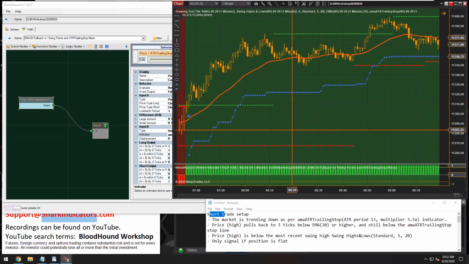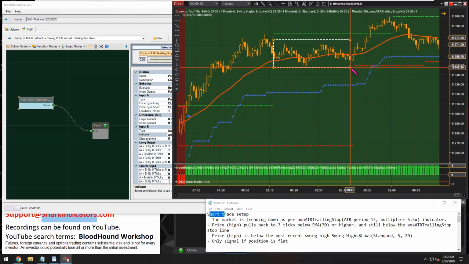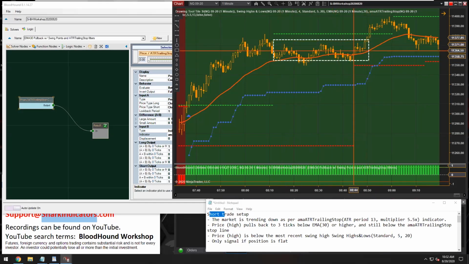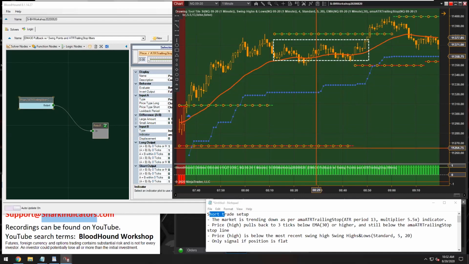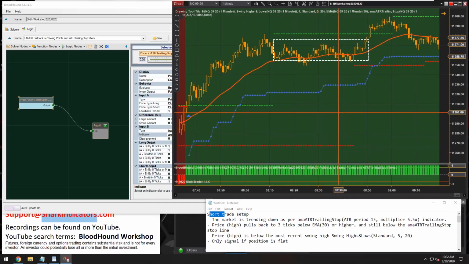And for a long, price needs to be above a swing low. So in this area, price is both below a swing high and above a swing low. We have the swing low down here and a swing low down here. So we're going to have areas where price is both below a swing high and above a swing low.